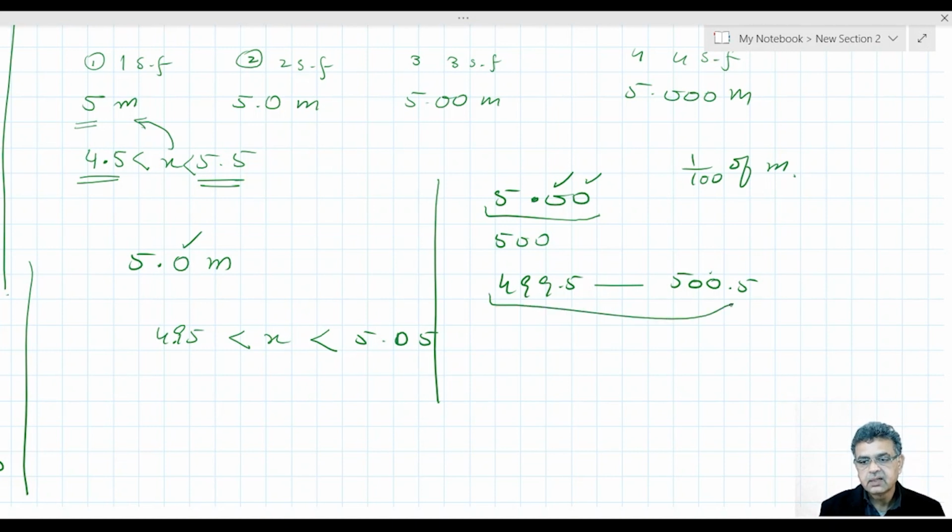You can see how close these values are to each other when this is correct to two trailing zeros.